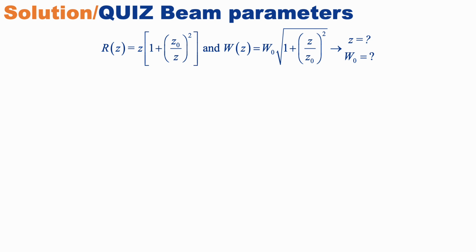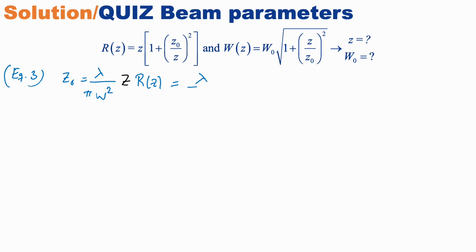So now we go back to our equation number 3, because they are also asking us for our beam waist. So we have here that the Rayleigh range is lambda by the square of the beam width, and now here we have our distance theta, and then we have our radius of curvature, right?